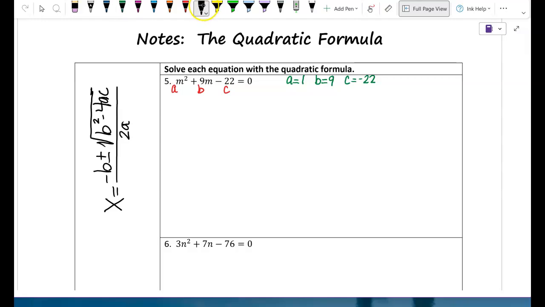So now I can substitute in. So x equals negative 9, because it was negative b, so negative 9 plus or minus the square root of 9 squared minus 4 times 1 times negative 22, all divided by 2 times 1. So all I have done there is substitute in the values for a, b, and c.